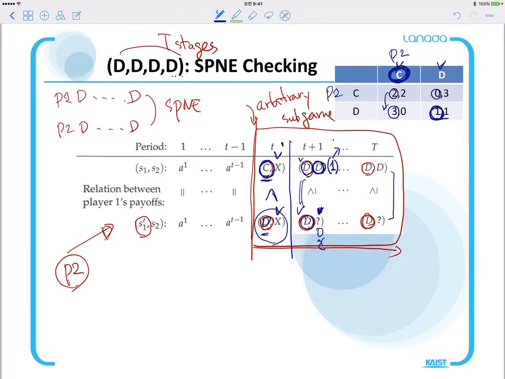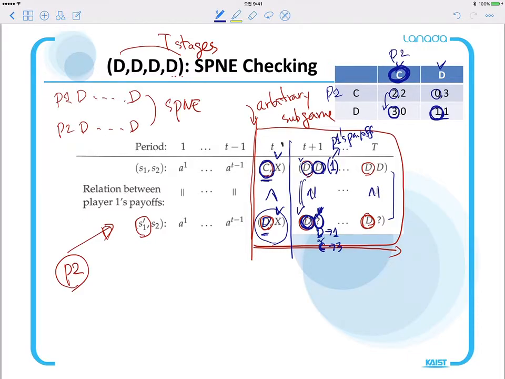I'm talking about player 1's payoff. And when player 2 chooses C, then my payoff is 3. So whatever strategy is chosen by player 2, choosing D is the best response. It's better than this one. So we have this relationship.